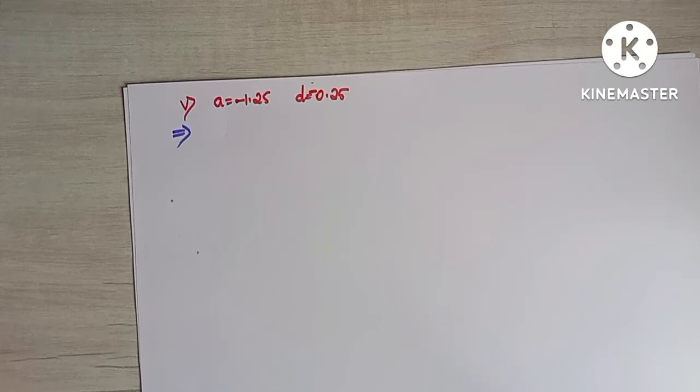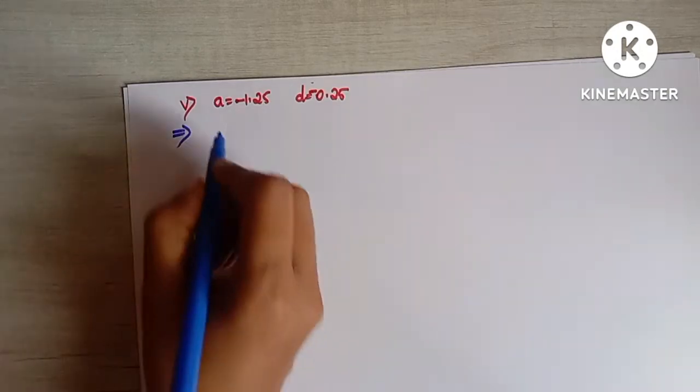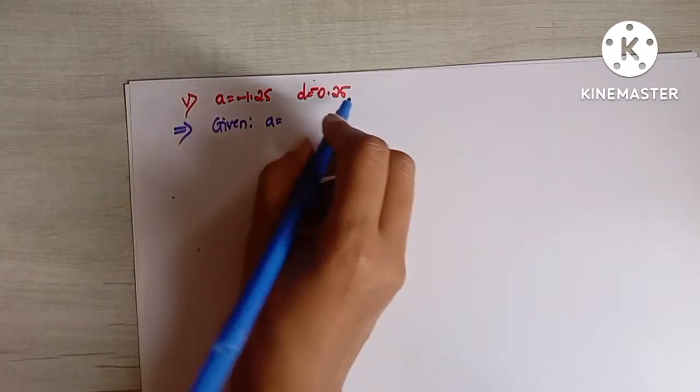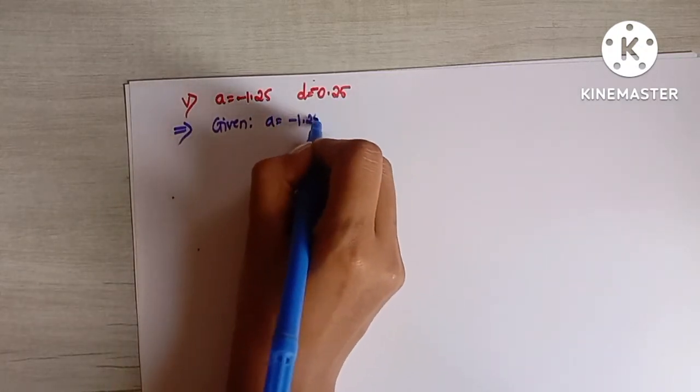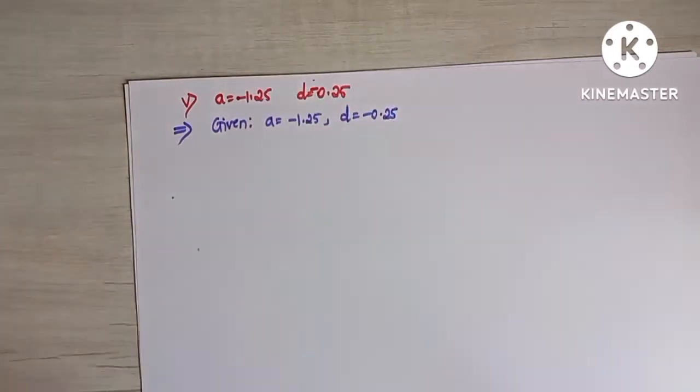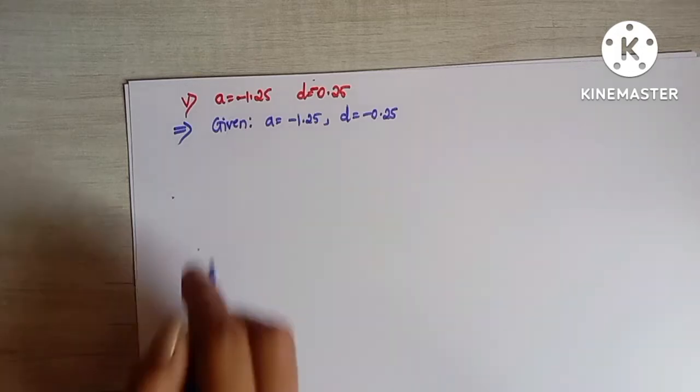In the fifth problem, what is given? Given a as -1.25 and d as -0.25. What we have to do? We have to first write down the general form of AP.